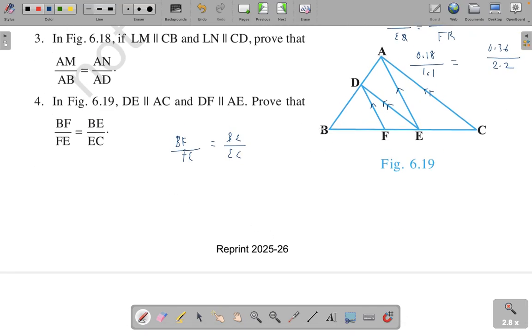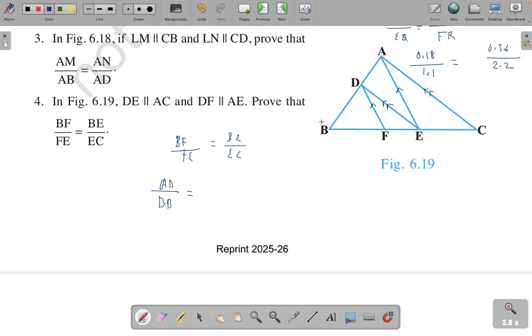So if you take triangle ABE, you know DF is parallel to AE. So from BPT you can say AD upon DB is equal to EF upon FB, because we started from here, right?